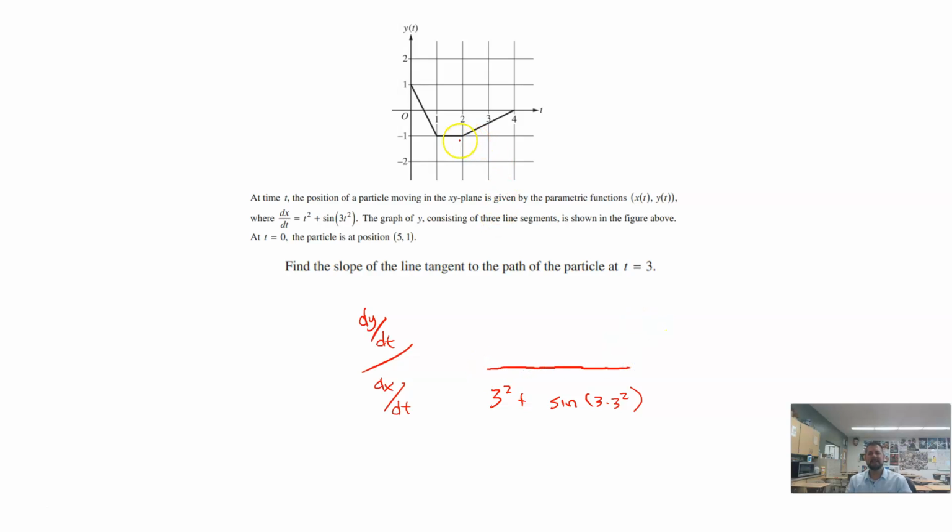For dy/dt, what we have to realize is that what it wants is the slope of that line right there. And that slope is 1/2, because it's going up 1 over 2. And when we do that, we get for the slope basically 0.050. So there's your slope of your tangent line. Now again, a little bit trickier just because we had to actually find the slope to find dy/dt, because that is a function of y.